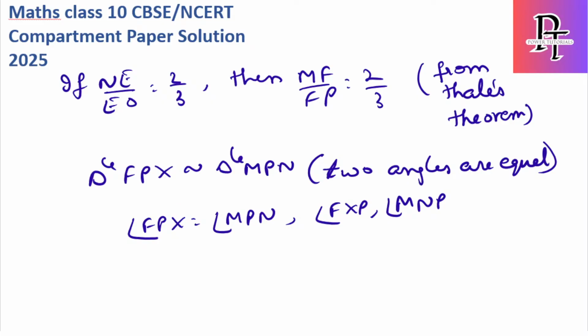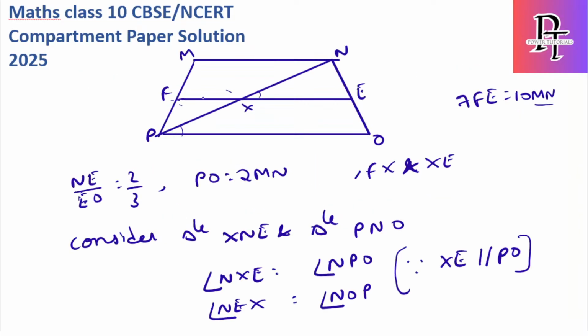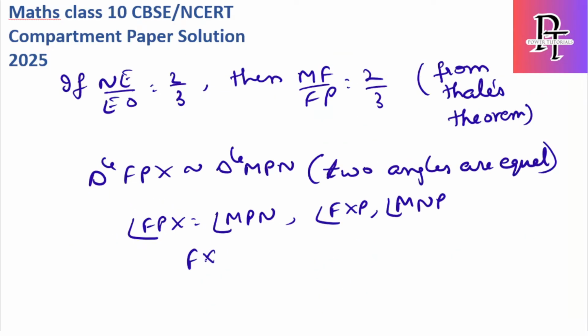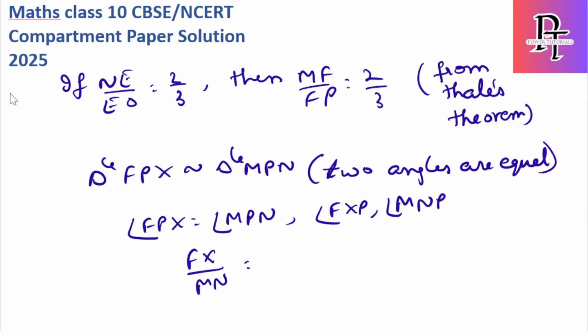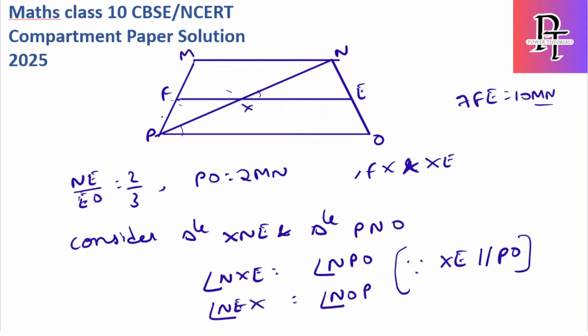If triangles are similar, the ratios are proportional. So you can simply say FX by MN is equal to PF by PM.